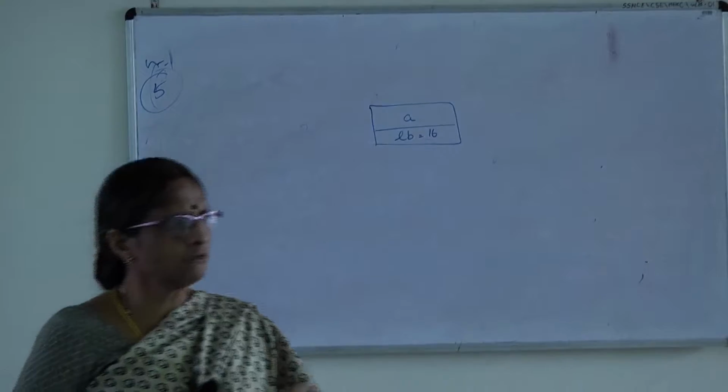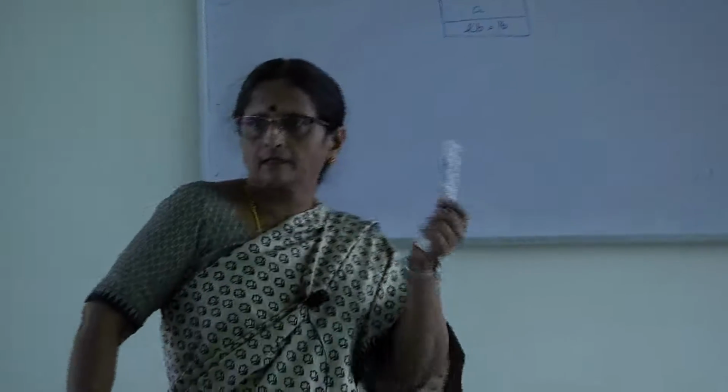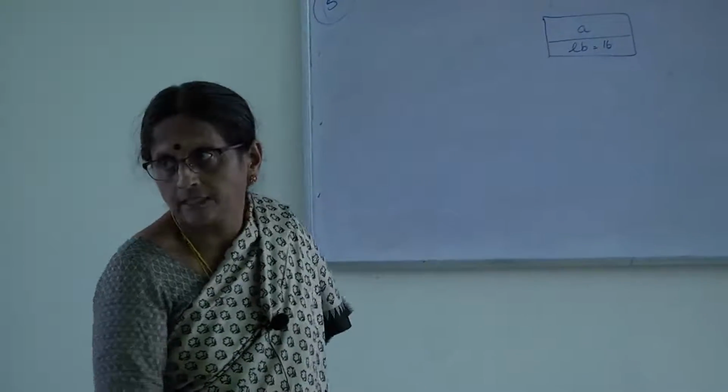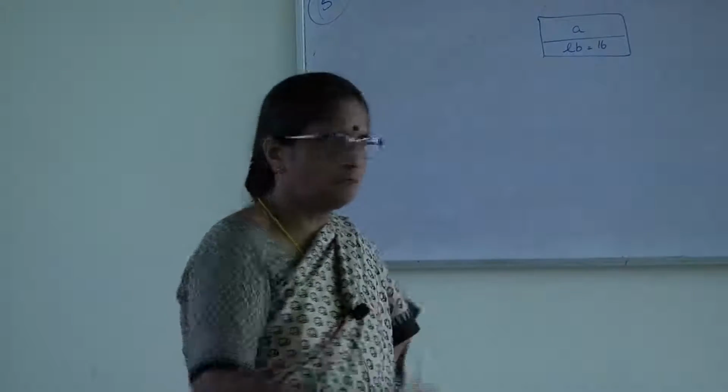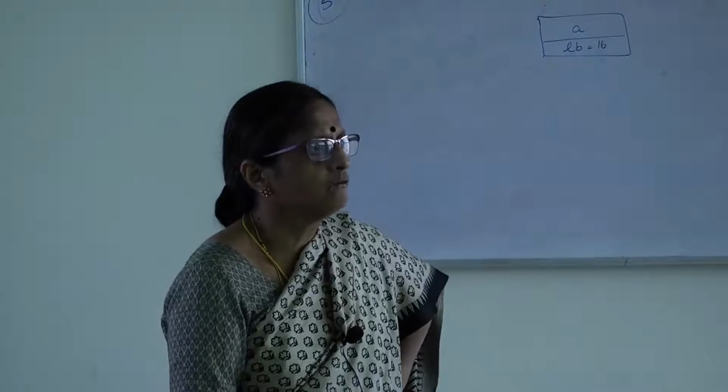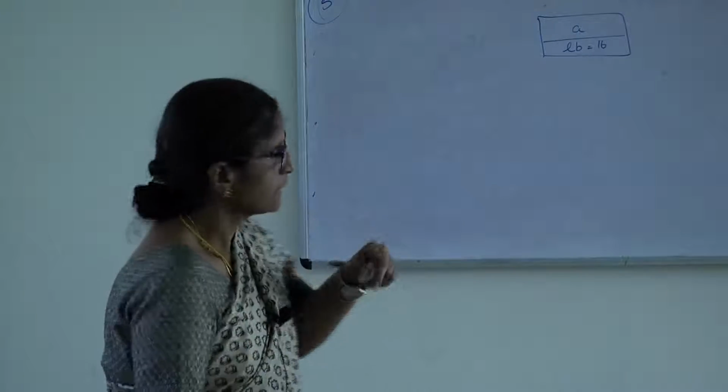This branch and bound is similar to your backtracking, where you are constructing your state space tree, but with an additional bound. That is what is shown in the node, which was not there for your backtracking state space tree. So we are going to show the bound. You are going to use the bound for pruning.